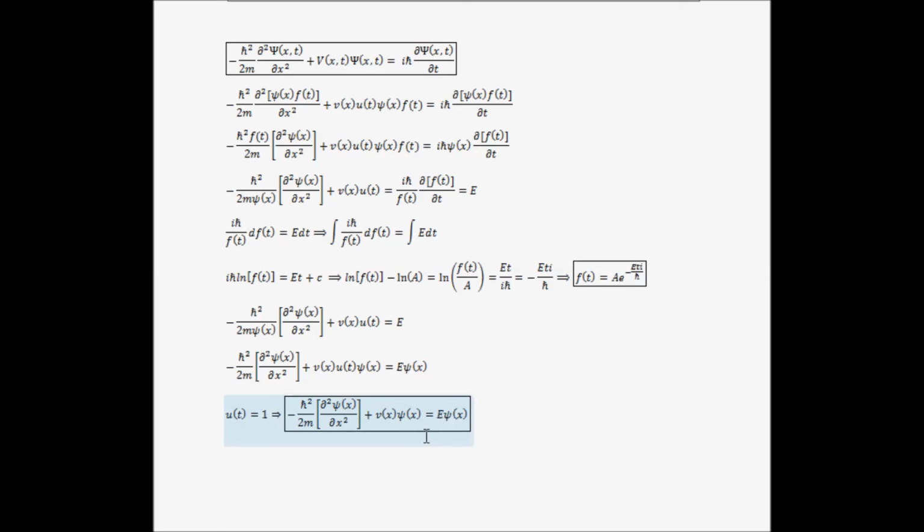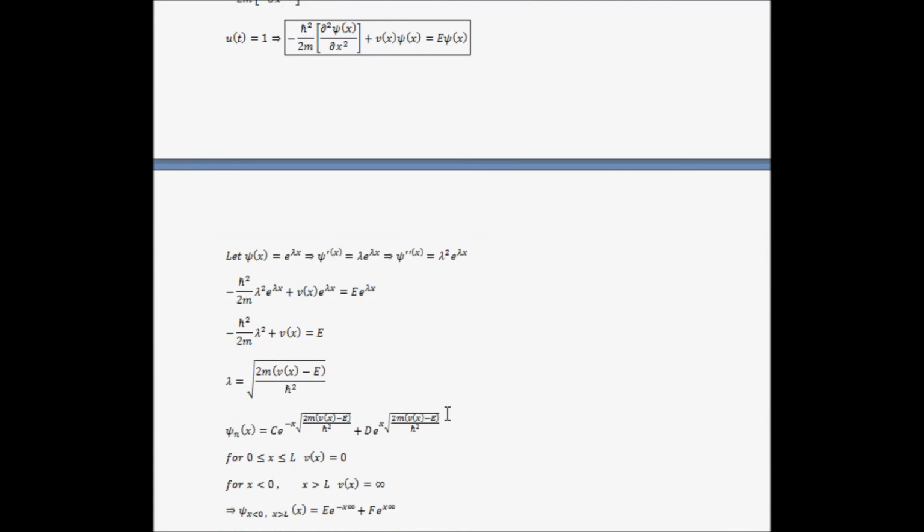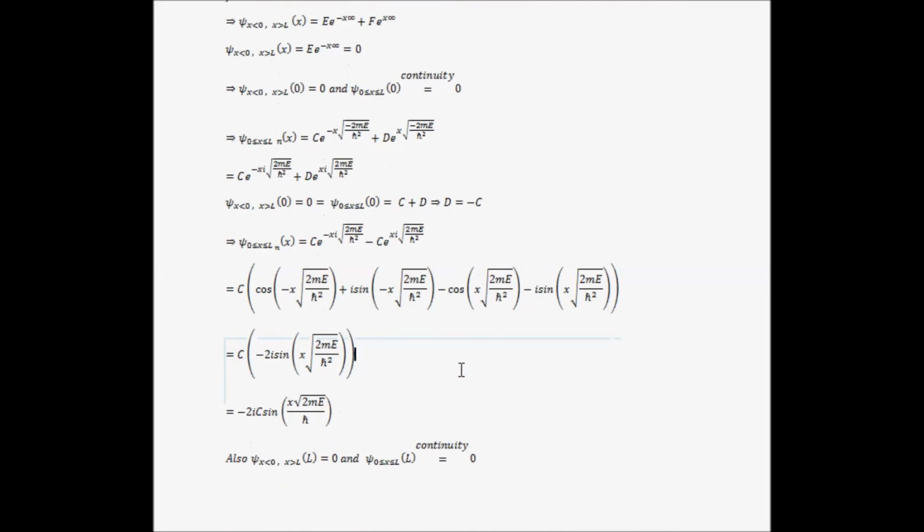So E has got to have the same units as V, and V is an energy, it's a potential. So E is also going to be some sort of energy, and the interpretation is that E is the total energy of the system. That's the interpretation behind it, and I've just tried to justify that loosely, why E is considered to be the energy.